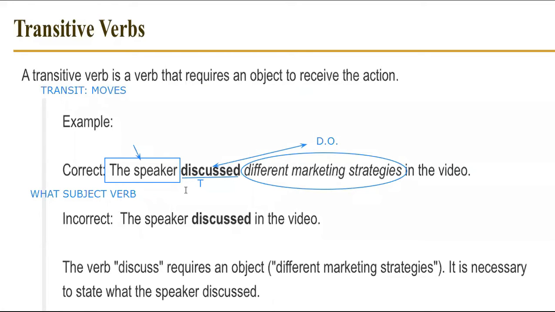Okay? So in your assignment, guys, you will do this. You will make a rectangle as the one that you see here in the subject. You will underline the verb and you will put down, if it's transitive, a T, if it's intransitive, an I. And also you're gonna make an ellipse or a type of circle around the direct object. Do you understand this?